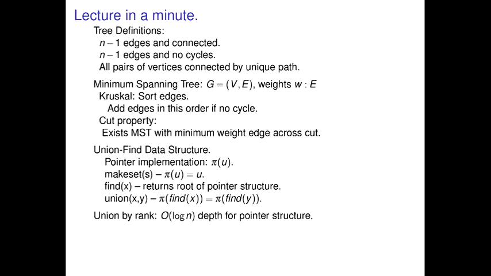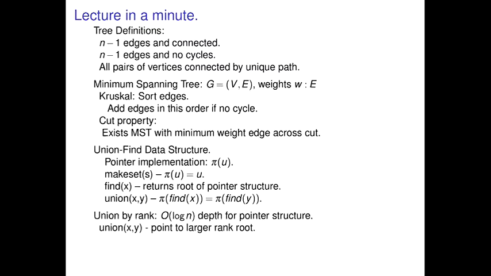Once you have these data structures, if you just keep chasing pointers, you'll stop somewhere, as long as there are no cycles in the pointers. Union is a way to say you point the pointer that corresponds to X to the pointer that corresponds to Y. You're sticking these pointer structures together. Union by rank tells you that you can do this so that the depth, the amount of pointer chasing you're doing, is at most O of log n.